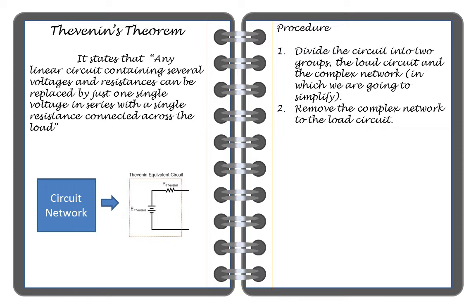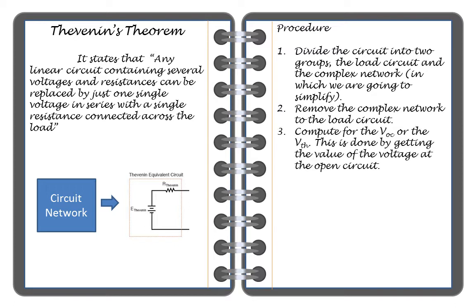Then after removing the complex network, we're going to compute the voltage at the open circuit portion, which is what we call Thevenin's voltage. This is done by getting the value of the voltage at the open circuit portion.